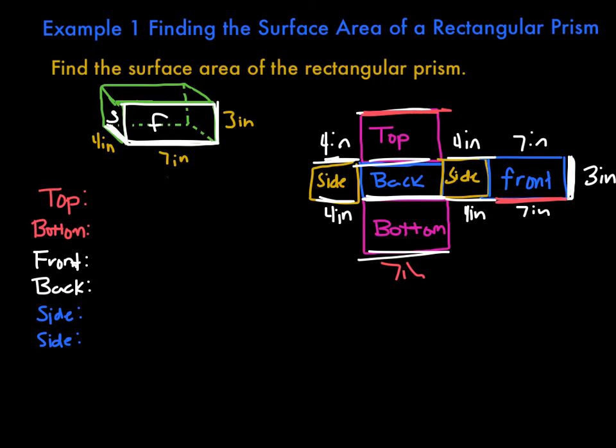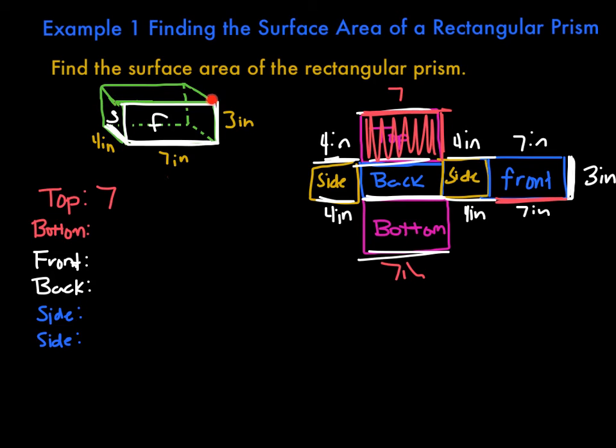So we have 7, because we're finding the area of this. We have 7 times whatever this amount is. Well, looking at our entire piece that we have here, we have to try to figure out, is it the 4 inches or is it the 3 inches that would represent that side? So if you were to look back over here on your piece here, we have 7, okay, oh, I'm looking at my top, sorry.